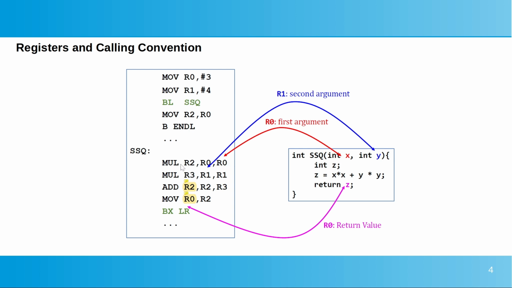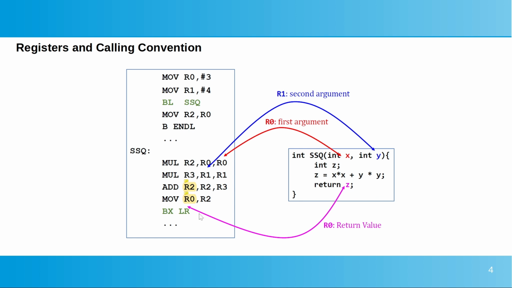This is the mul instruction, or multiplication instruction. The second multiplication, which is y by y, is matching the second line. Then we are performing an addition. This is matching the third line. Finally, we are moving the result into the z variable. And as you can see, the z variable is stored within the R0 register.